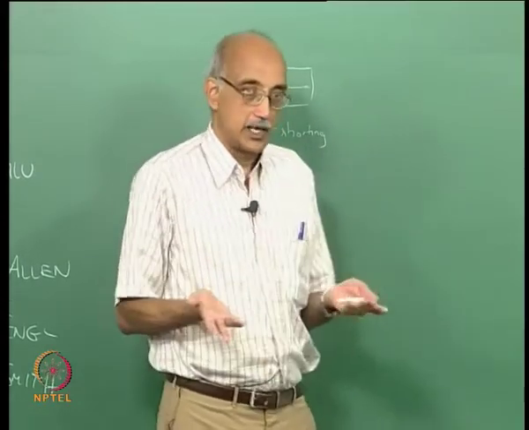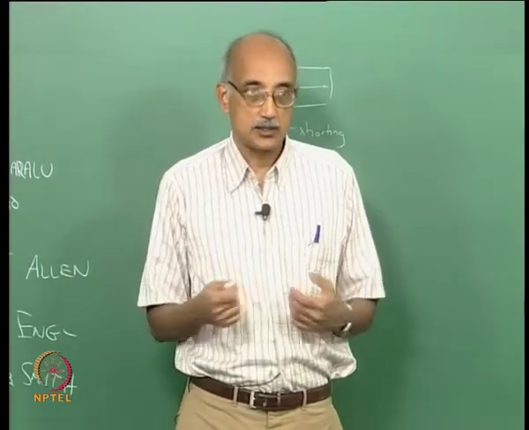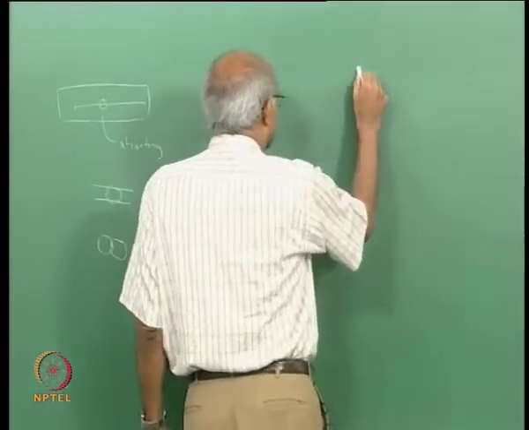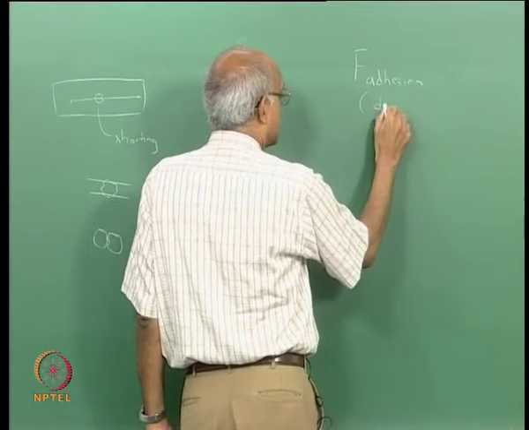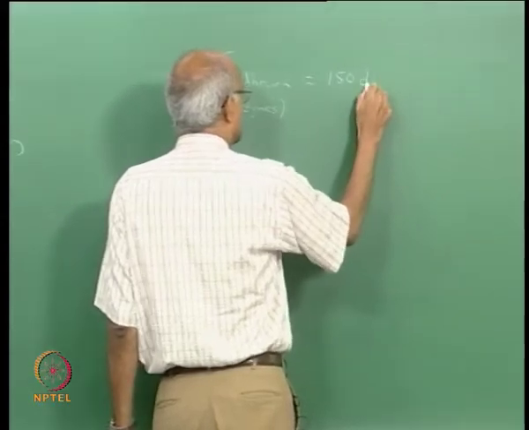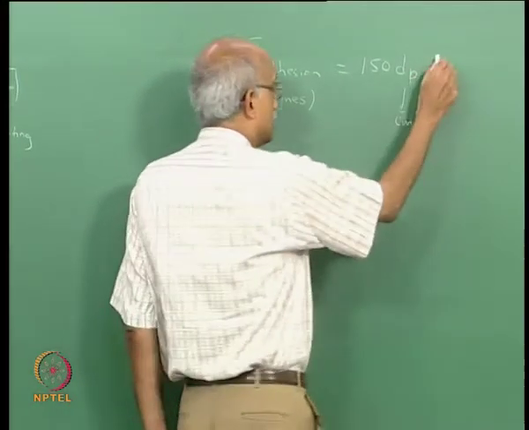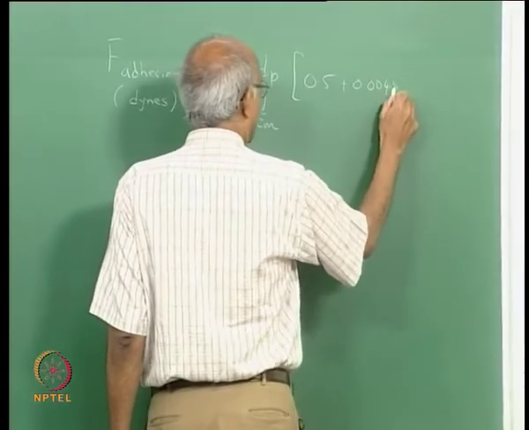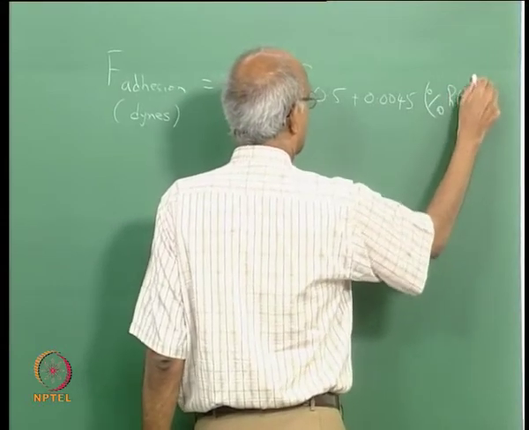And when all the data were gathered, and this really consists of virtually millions of data points, and the data were analyzed and fitted with a model, the model that came out looked something like this: F adhesion, expressed in dynes, equals 150 times dp, where the particle diameter is expressed in centimeters, times 0.5 plus 0.0045 times percent relative humidity.